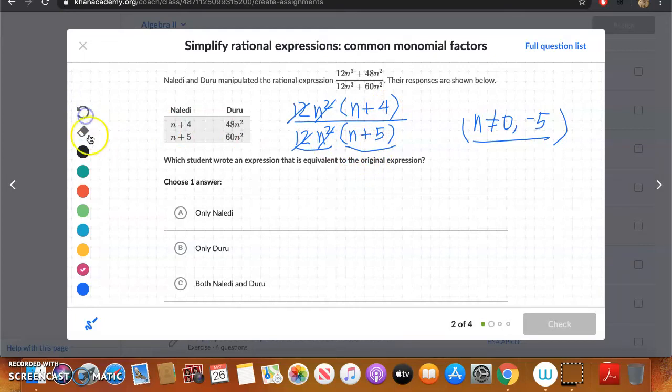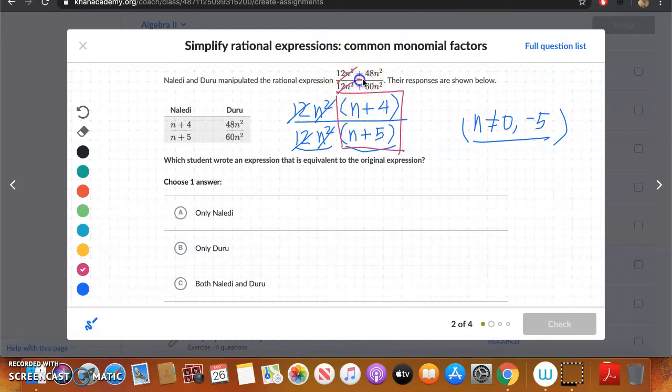Okay? So therefore, our final answer is going to be just this, which means that Naledi has the correct answer. And Duru is incorrect. And as you can clearly see, what did Duru do? Duru went like this, right? He canceled the 12 n cubes top and bottom, mistakenly thinking that they are factors, when in fact they are not.